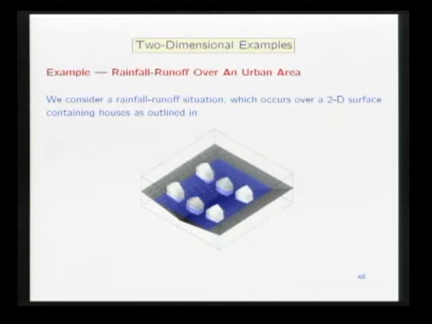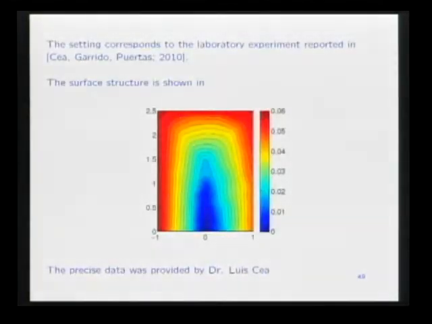So we consider this rainfall runoff situation on the 2D surface with houses. And actually, we took the laboratory experiments, which was provided by Louis Serre to us, and they constructed the lab model, 2 by 2.5 meters, and they put some blocks instead of houses, obviously, and they poured the rain uniformly, and this is the structure of the bottom, and then we add houses.